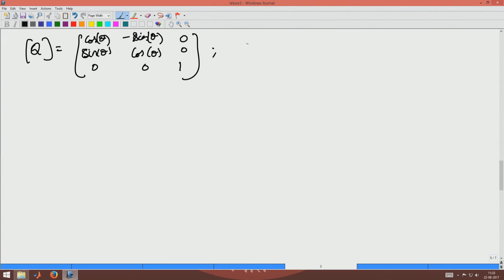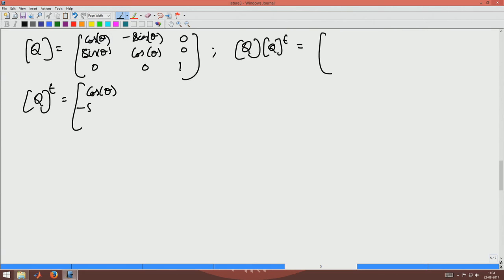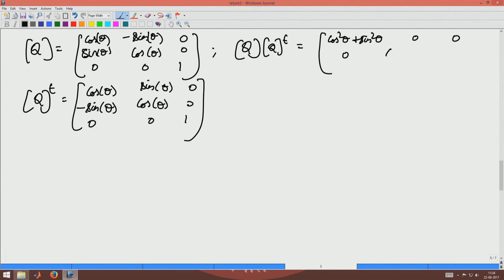I am interested in finding Q transpose Q. If Q is that, Q transpose would be cos theta, sin theta, 0; minus sin theta, cos theta, 0; 0 0 1, and if I multiply this, it is going to be cos squared theta plus sin squared theta, 0, 0; 0, again cos squared theta plus sin squared theta, 0; 0 0 1.